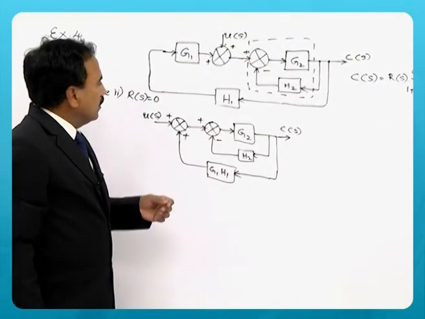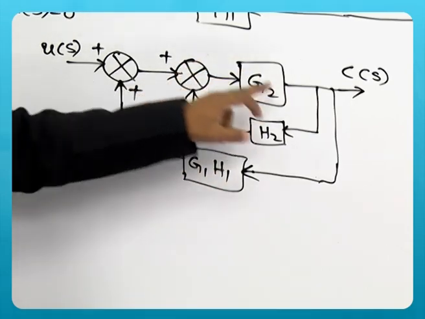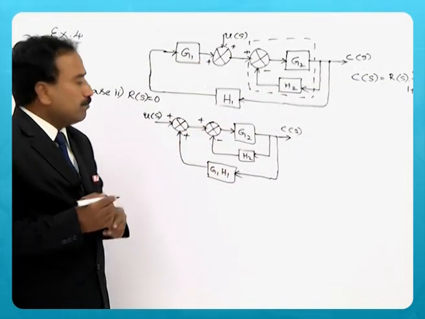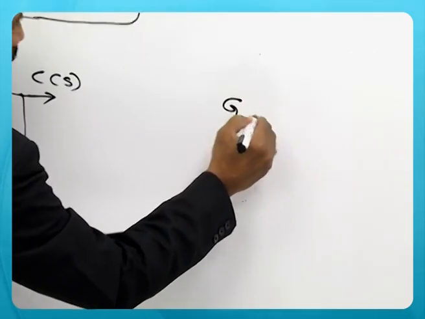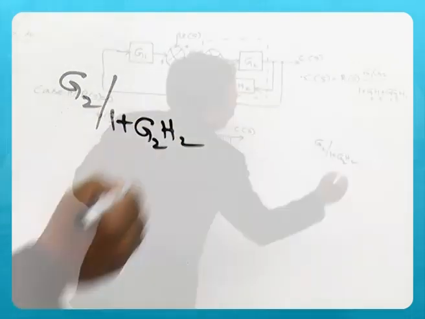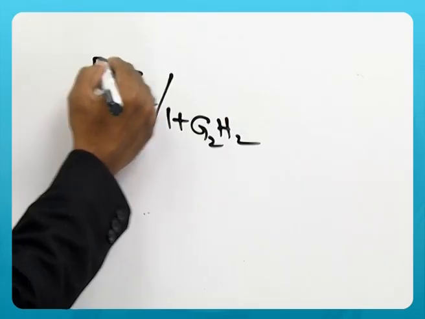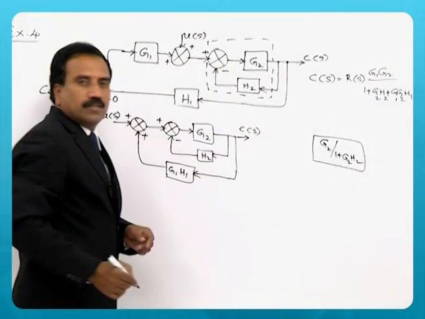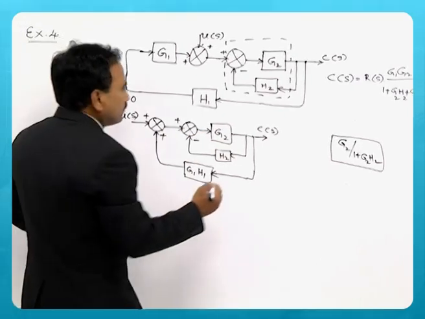Yes. Now as usual, this is the feedback loop that can be eliminated by applying rule 3. So it becomes G2 by 1 plus G2 H2, because H2 is a negative feedback. So feedback loop elimination results in a single block of that transfer function.